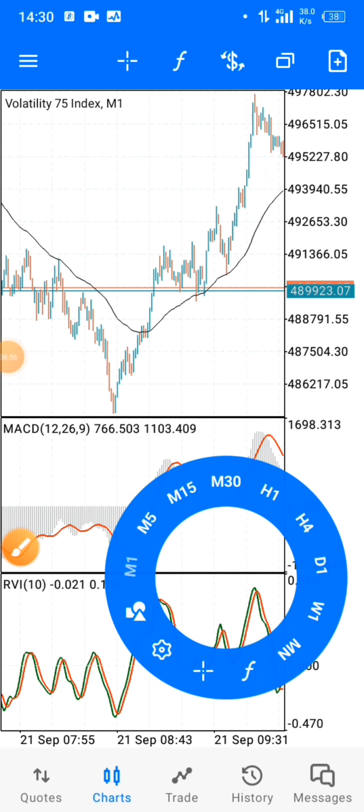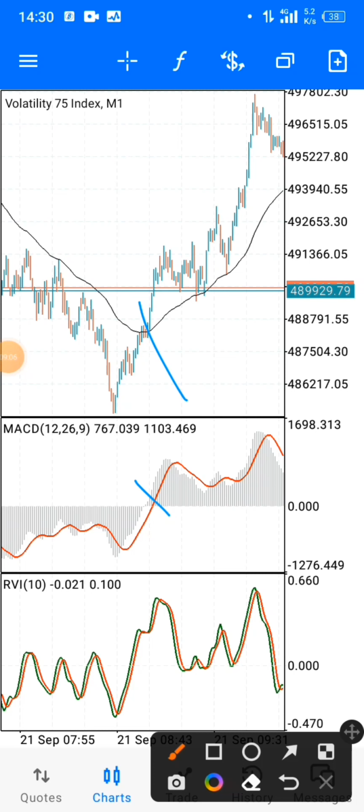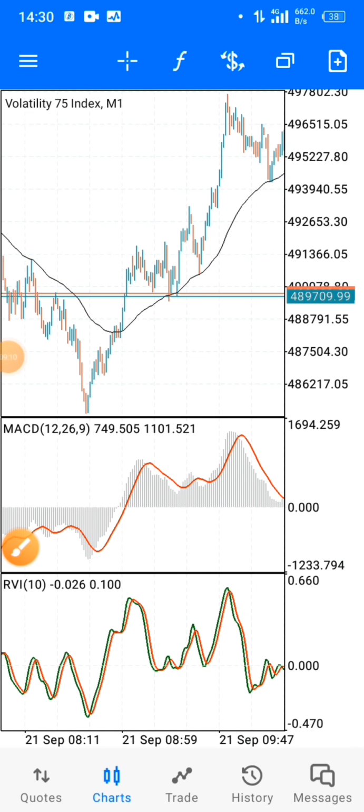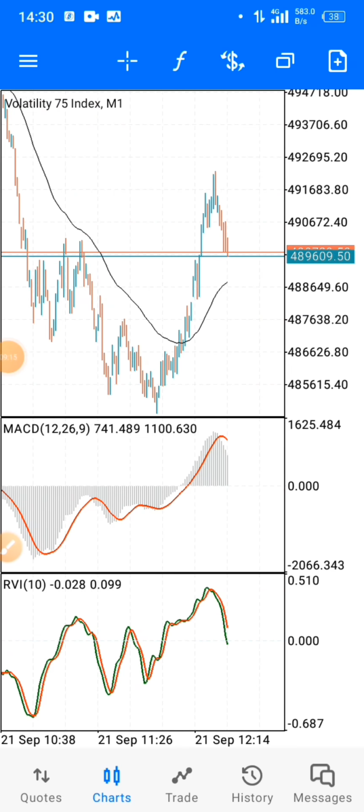I'm not looking forward to buy. Of course you can get some good entries, but I'm not entering the buys because the trend is still showing, the 15 minute and the 5 minute are still showing a sell, right?